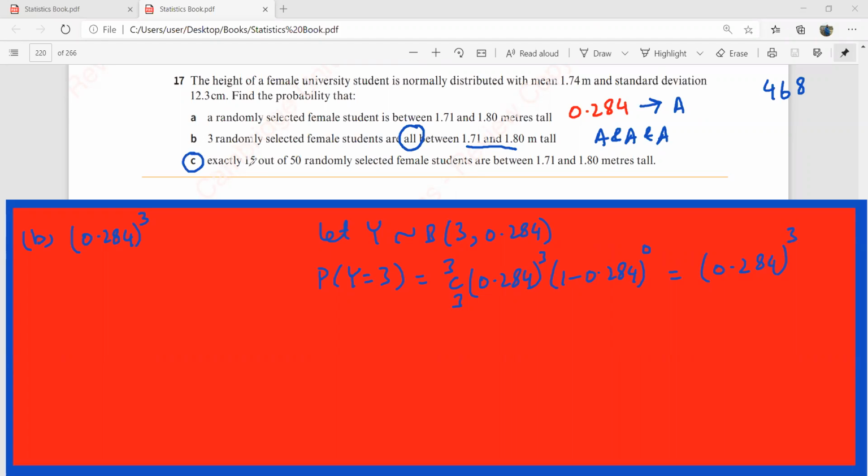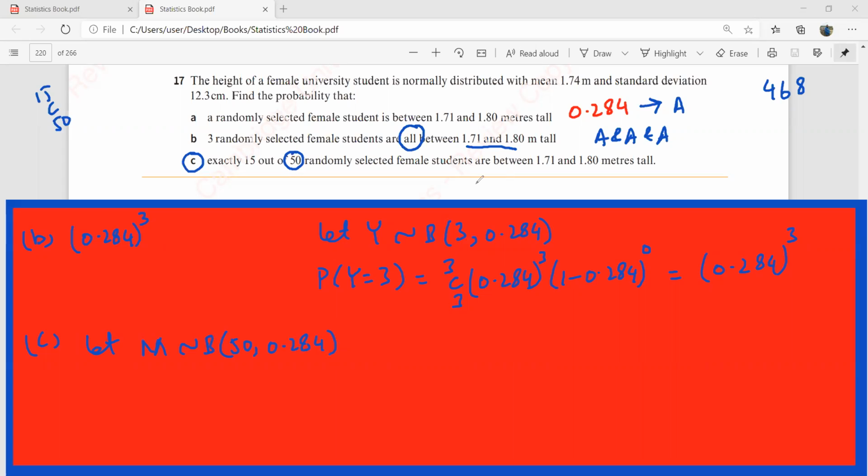So look at this part C now. Now this is clearly written in the form that is for a binomial distribution. It says exactly 15 out of 50. So in the C part, let's say M is binomially distributed with 50 as our N, and the probability of success is 0.284.